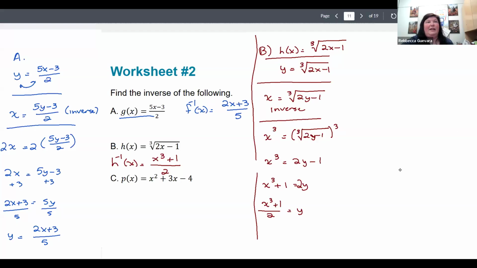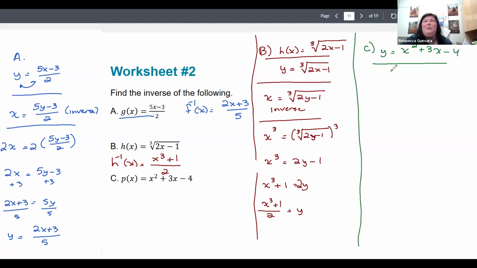All right, I think we probably already have a guess what's going to happen with C here. We've got those squares again. So hopefully you caught this part, or you may have stopped and said, hey, this doesn't have an inverse. But we're going to rewrite this as y equals x squared plus 3x minus 4. So when we switch the domain and range, this becomes x, and then all my x's become y.